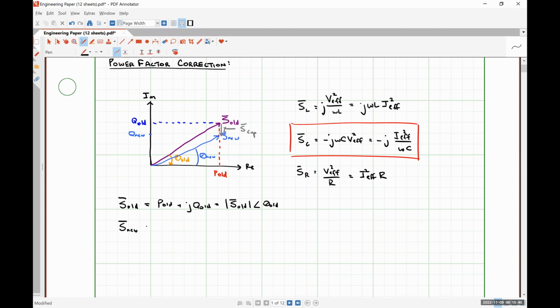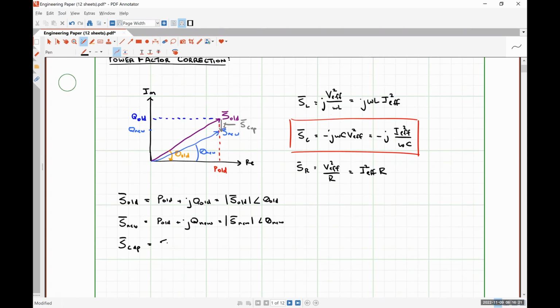S new will be P old plus JQ new, or in polar form, the magnitude of S new, angle theta new, and the amount of complex power that our capacitor needs to provide is simply the difference. S new minus S old.